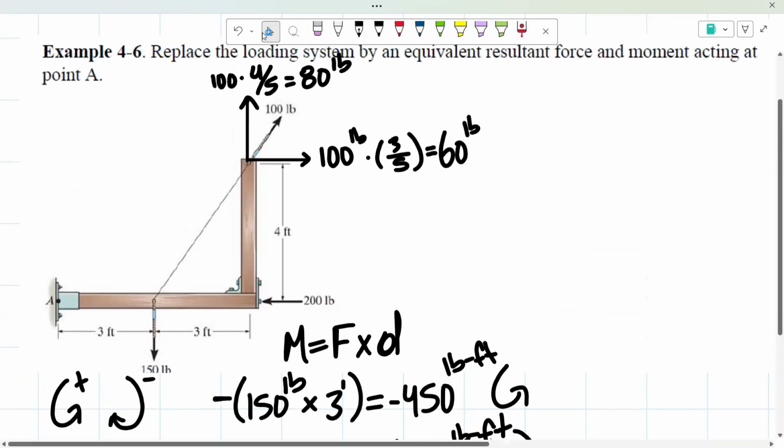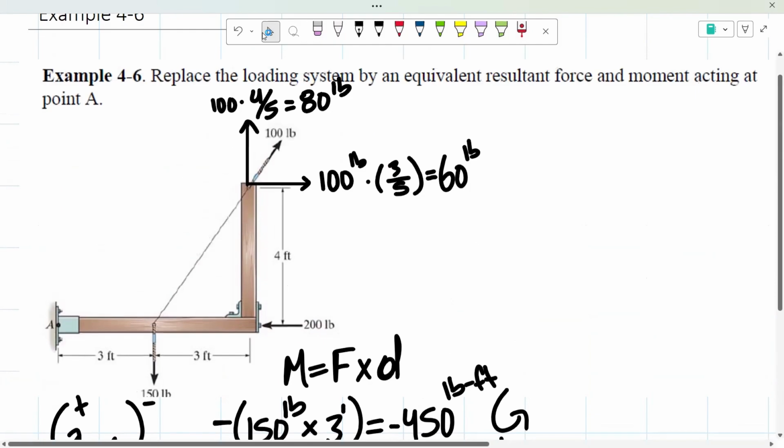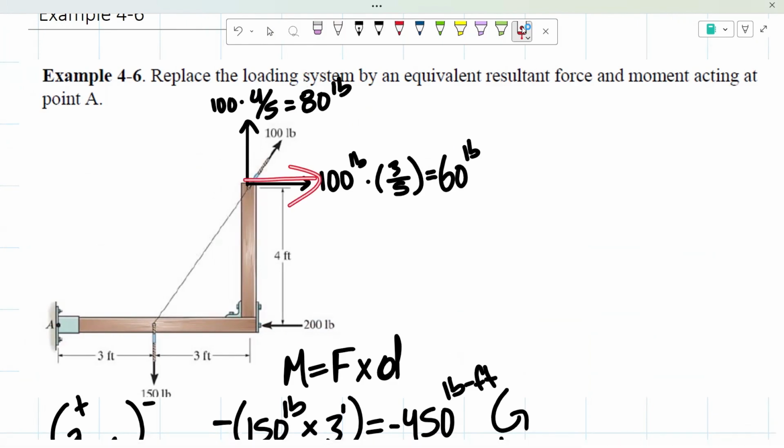Now we could proceed over at our 80 pound and 60 pounds. So for our 60 pounds, once again, it's a vertical force. So that means that it has to intersect that horizontal axis where that point is sitting on.